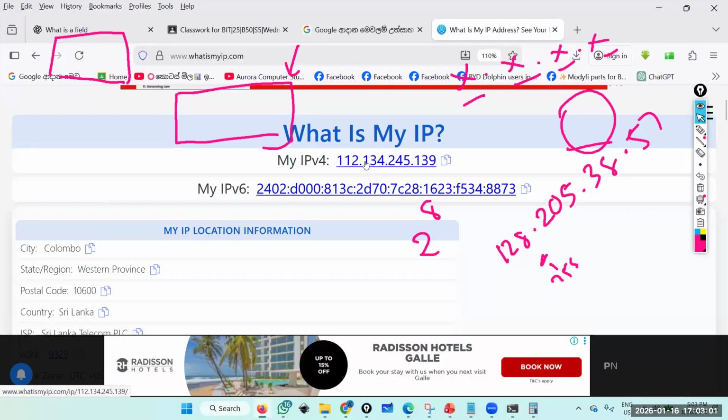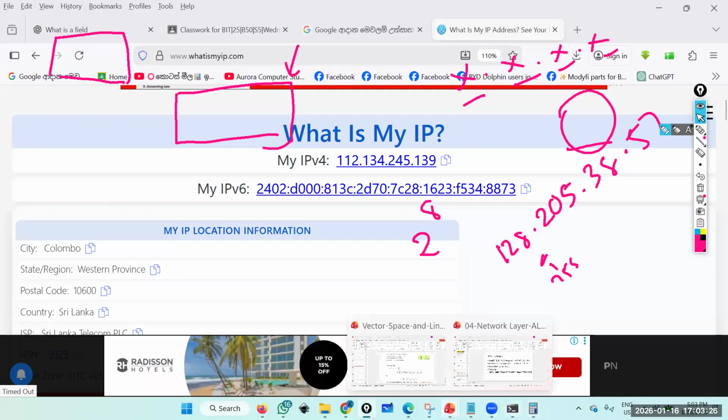This one is 4 parts, but this one is 8 parts. But 8 parts doesn't mean that the width is twice. No, because this is 1 byte. This is 2 bytes. So therefore 2 bytes into 8. Okay. So therefore it's bigger.